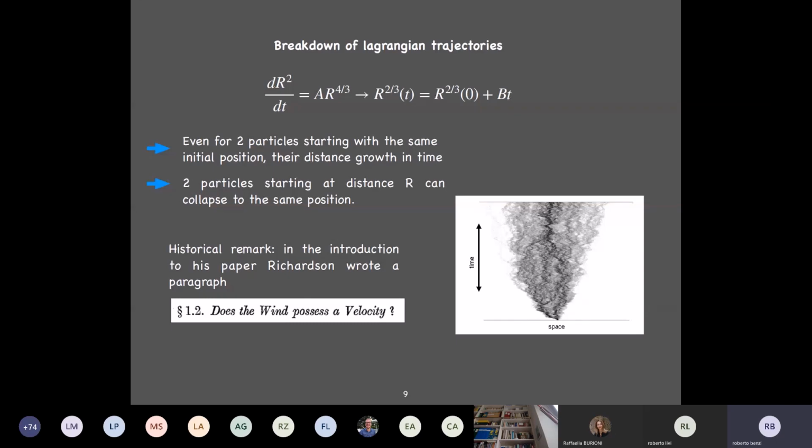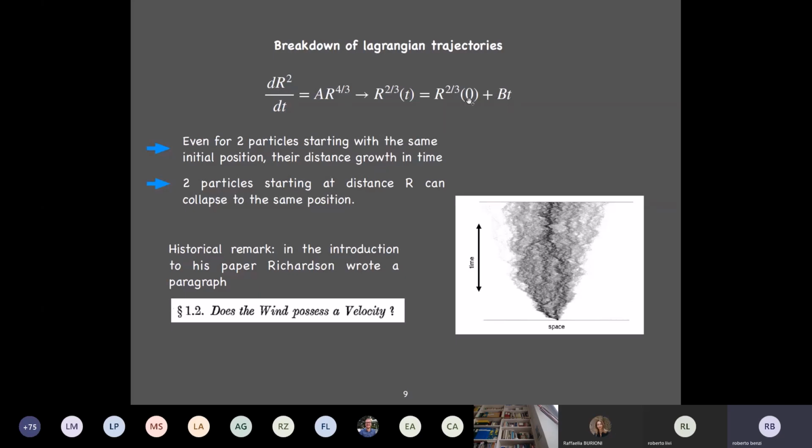Now, this is a peculiar feature of turbulence in the limit of infinite Reynolds number that is worthwhile to keep in mind. If you solve this equation, you immediately get that the separation between the two particles grows as a function of time, even if the distance between these two particles is 0.